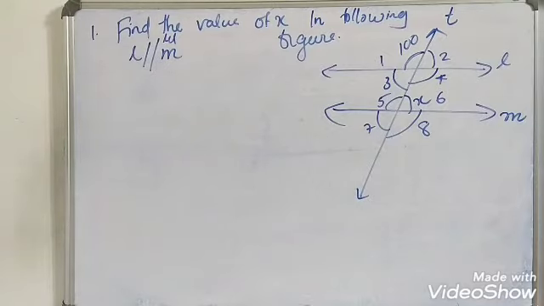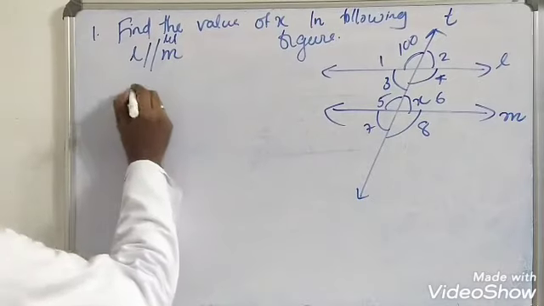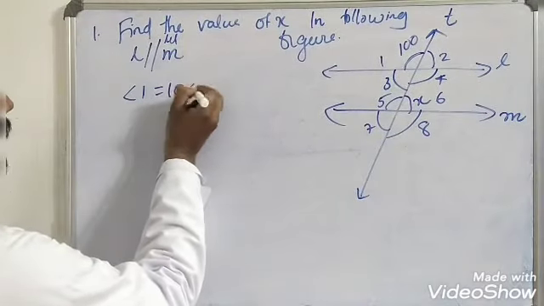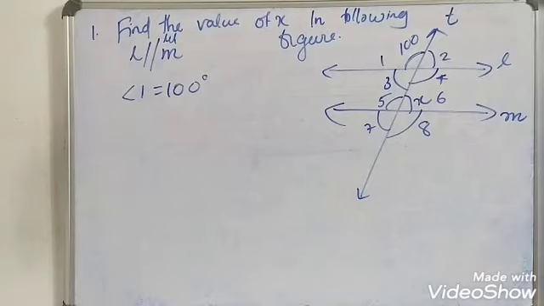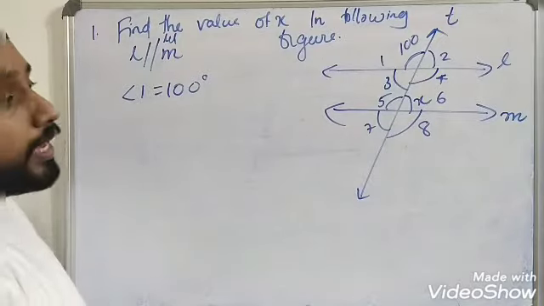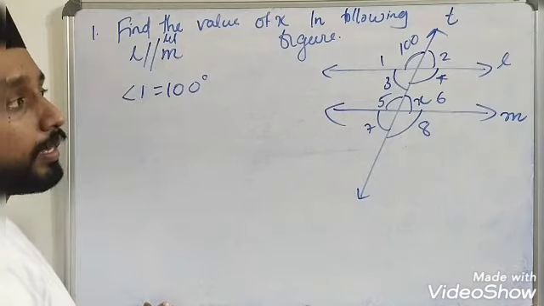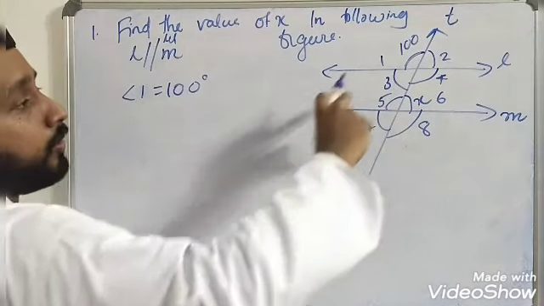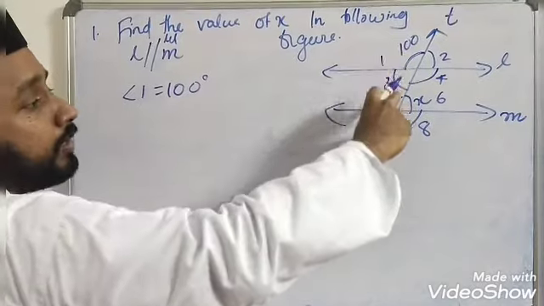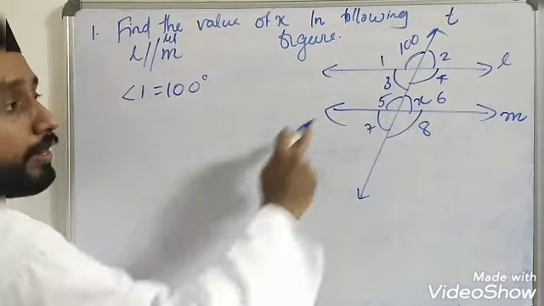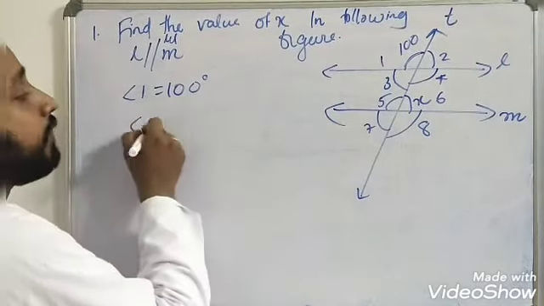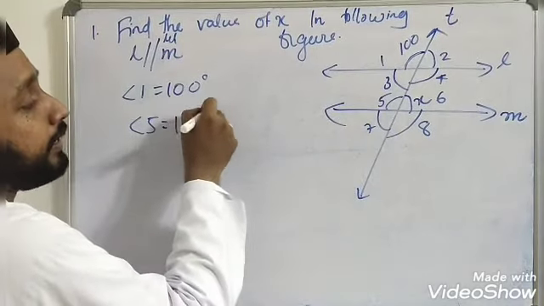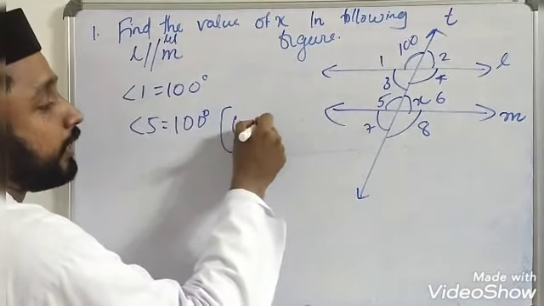Given angle 1 is equal to 100 degrees, the corresponding angles are equal. Angle 1 corresponds to angle 5, so angle 5 is also 100 degrees. The reason is corresponding angles.